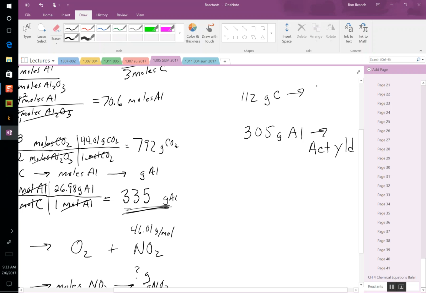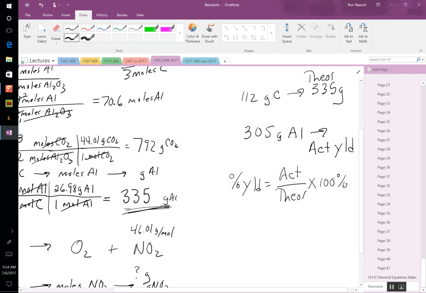We already calculated that the theoretical yield would be 335 grams. So what is our percent yield? Our percent yield is this equation: actual divided by theoretical times 100%.